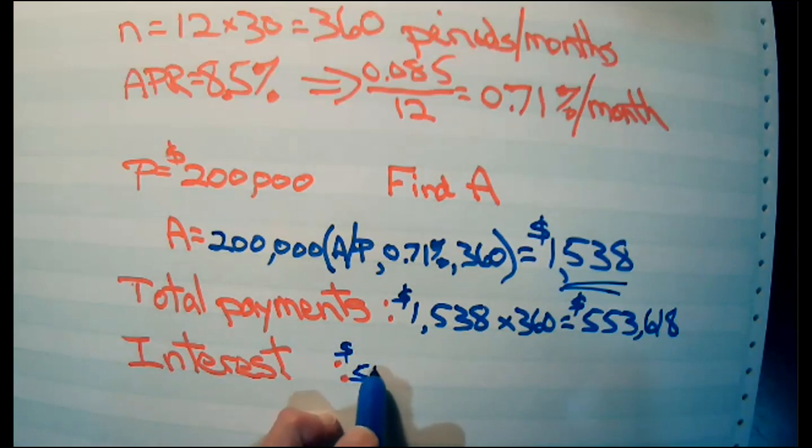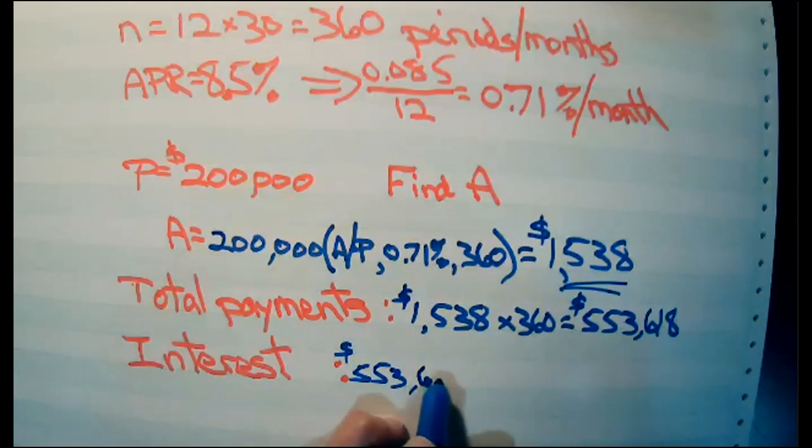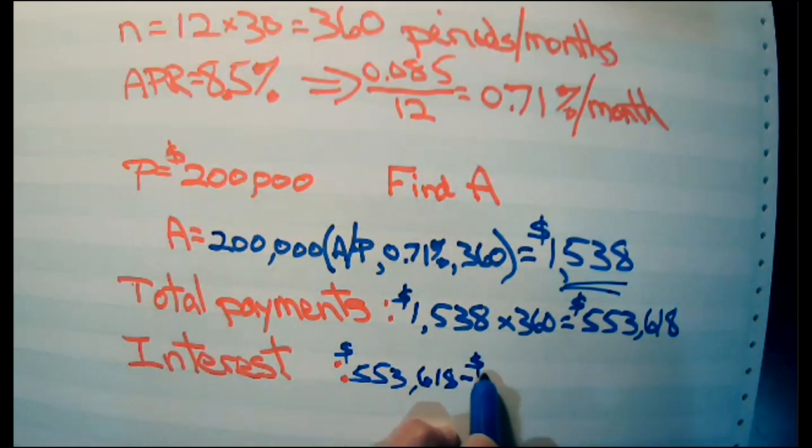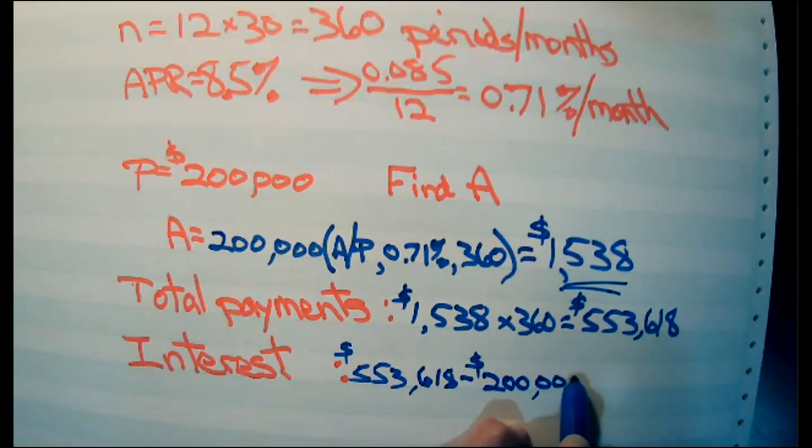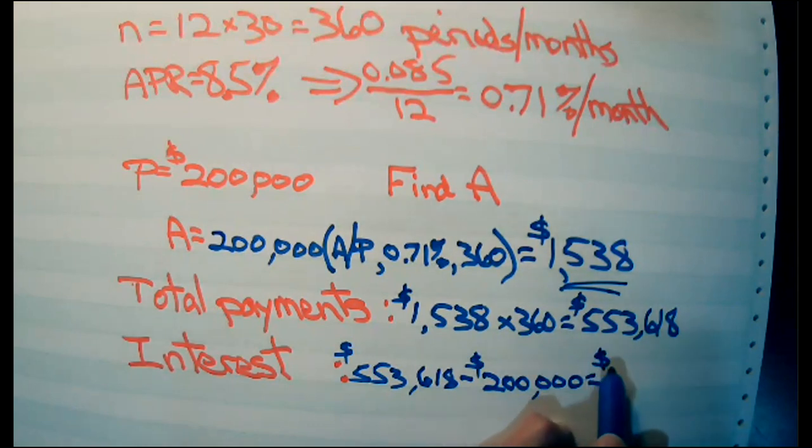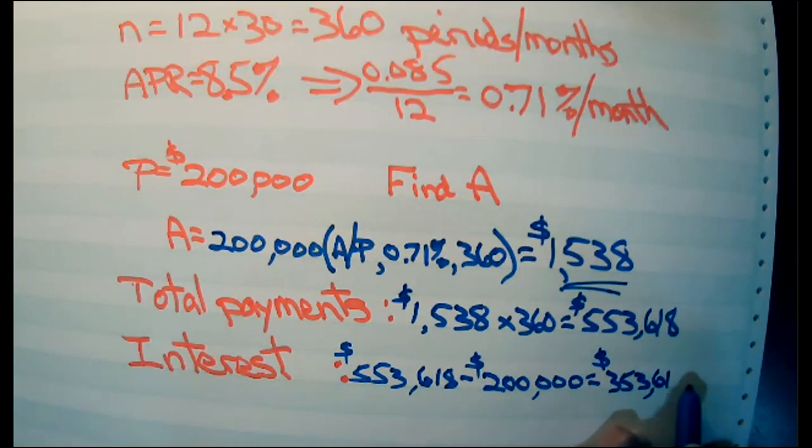We'll take our total payments, $553,618, subtract the principal, pretty easy calculation to make. $353,618. Well, I did that without a calculator.